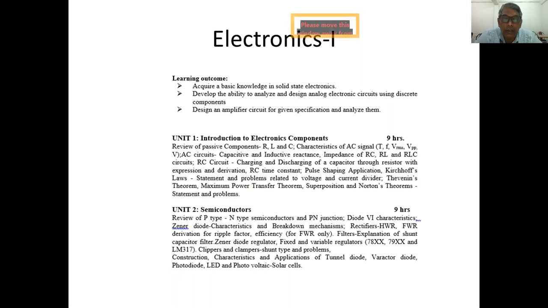In this unit, you are going to study these components, their functions, their characteristics, and also AC signals and the analysis of AC signals, and more importantly, the functioning of the capacitor, how the capacitor works, and the analysis of the circuit.